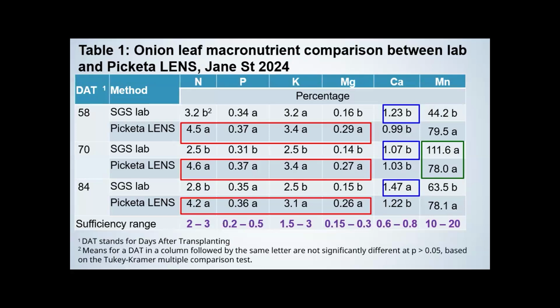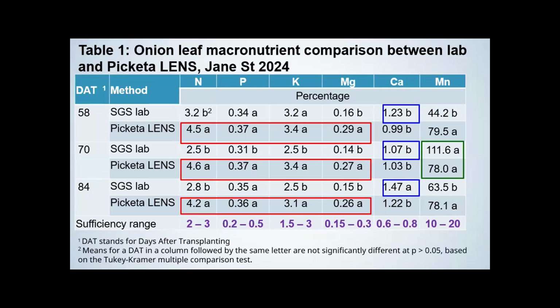So the results from the field close to us here at Jane Street show that for most of the nutrients it reported, the Piquetor lens was consistently higher than the lab results.